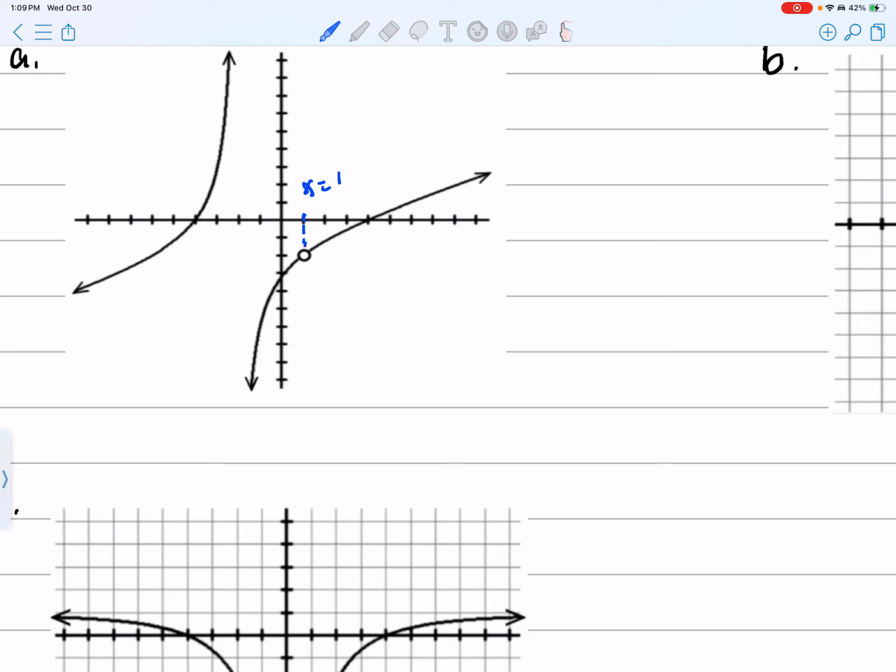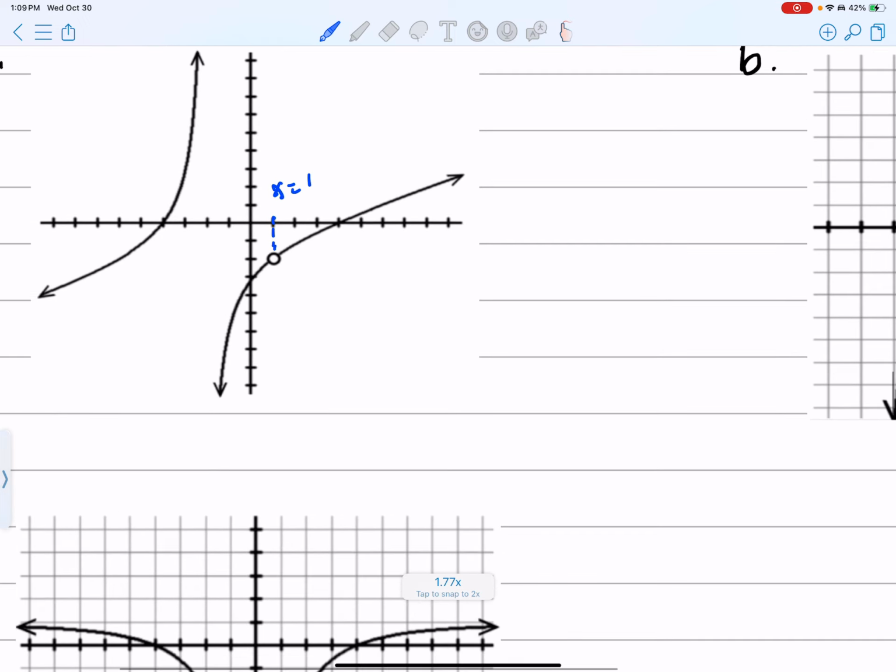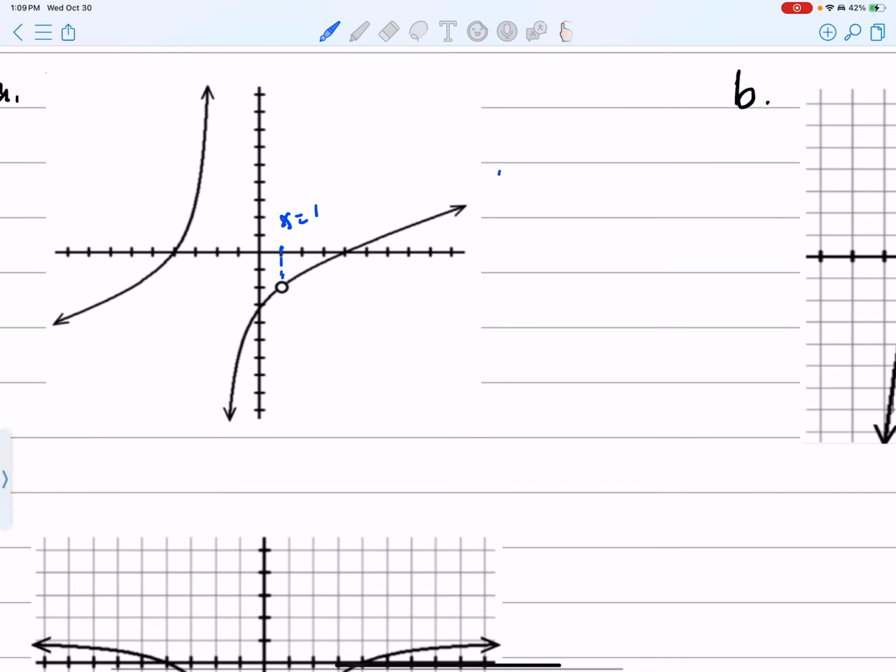Now, I will write the limit notation. The limit as x approaches 1 from the left, what is the function of x equal to? What's the output?